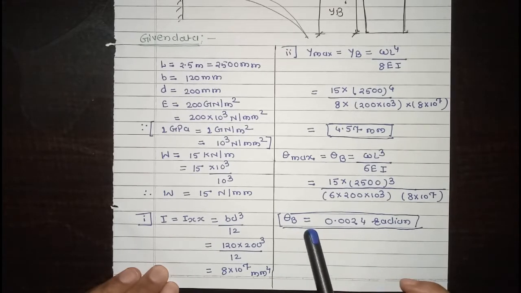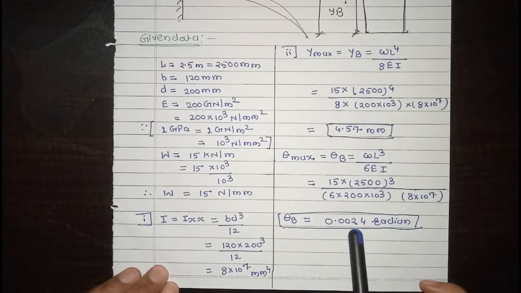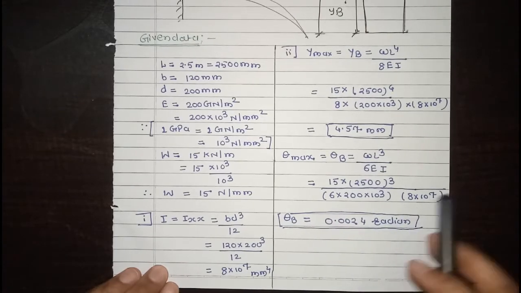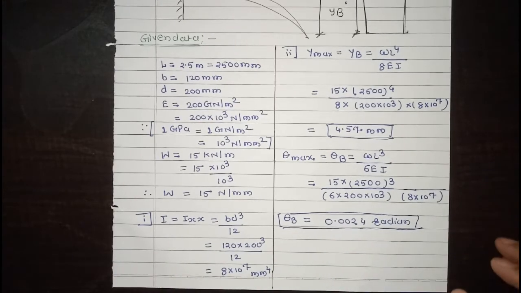Then we get theta b is equal to 0.0024 radians. Okay, thank you.